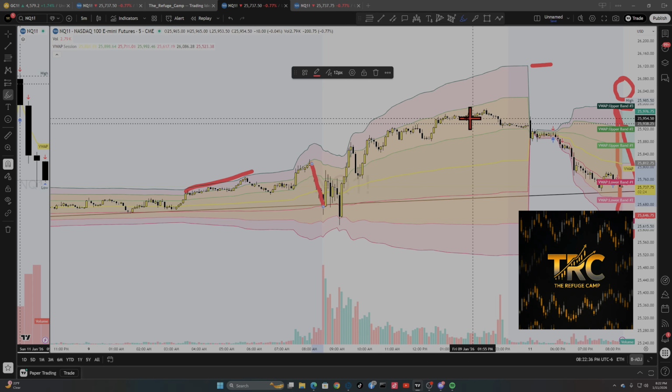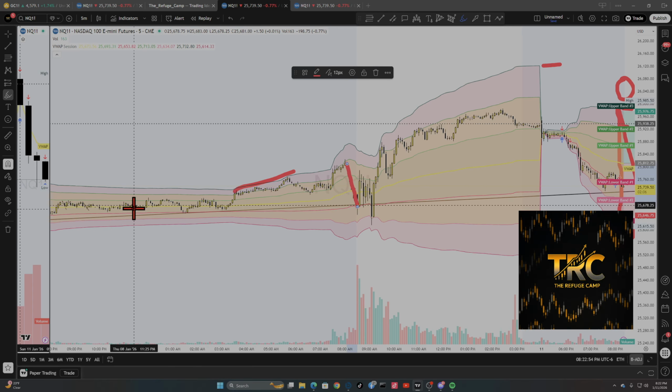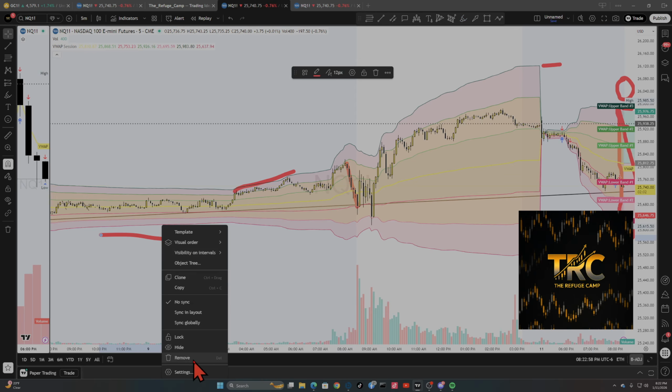So if I'm trading this market, I'm looking at this top band as it's printing, and every time I see price push up to it and does not continue, I'm looking for a short opportunity. And you can see down here, we took quite a few trades off of this the other day.